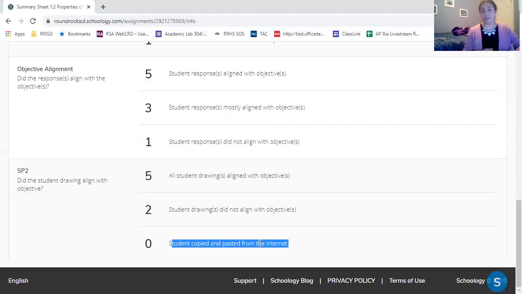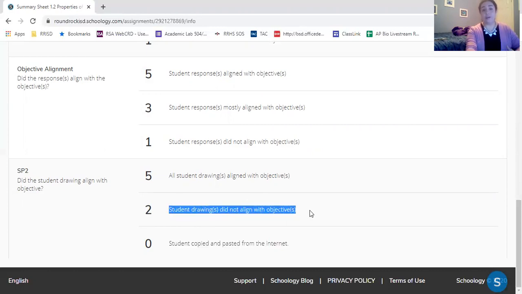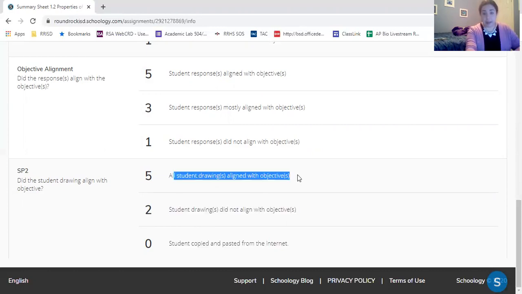And so if you do submit something that's related but doesn't really answer or doesn't align with the topic, you do lose points there. Your drawing, if it is aligned to the objective that you are asked to write about, and it is hand drawn, then you will earn full points. If you are having trouble inserting the picture to the drawing, you can either email it as a separate attachment, but really all you have to do is just go to File, Insert, and insert the photo.